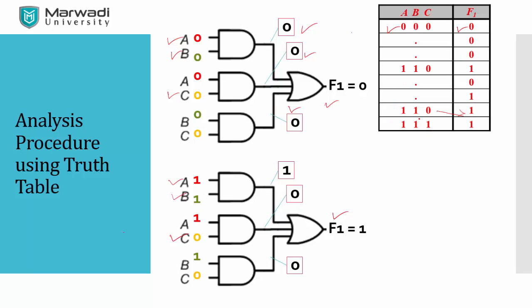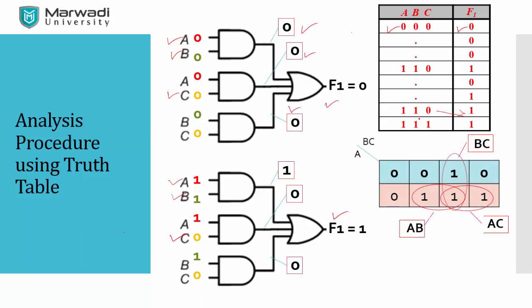Based on this truth table, I'll design a K-map where I have A, B and C. That means here it will be B bar C bar, B bar C, BC and BC bar. Look over here at this 1 and 1. Here it's A bar and A. A is common over here, and the other common is C. So this will be, this is my mistake, it should be a dot c.